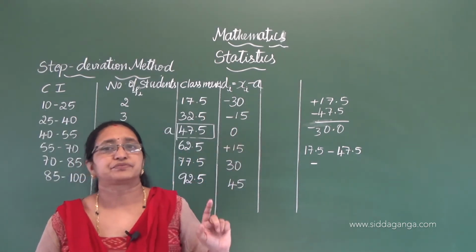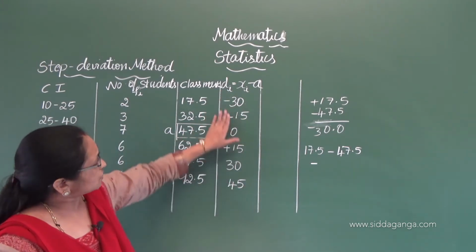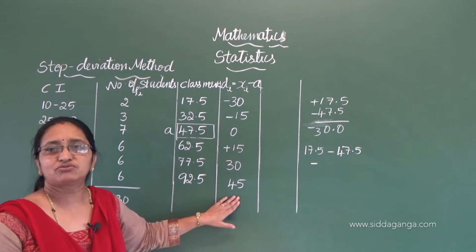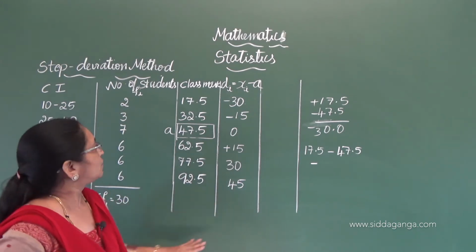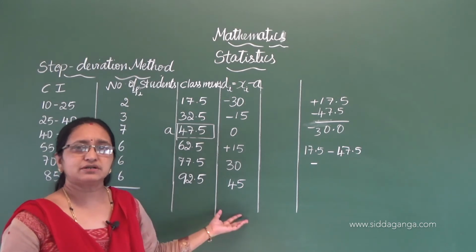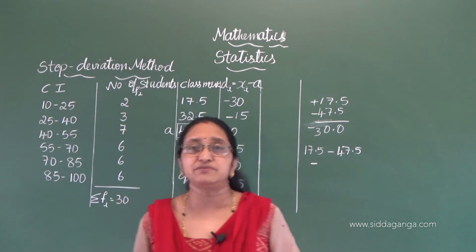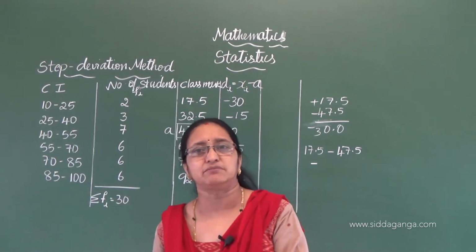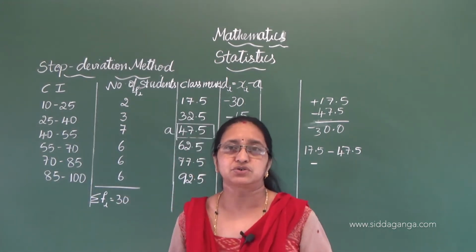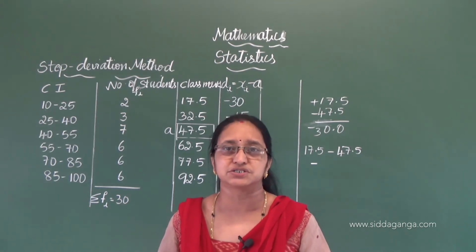But observe this table carefully. All these are multiples of 15. Do you agree? When we divide by this common multiple, we can make it simpler so that our calculation will not be time consuming and tedious.